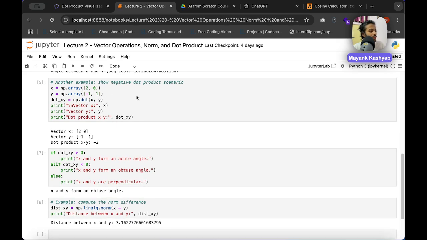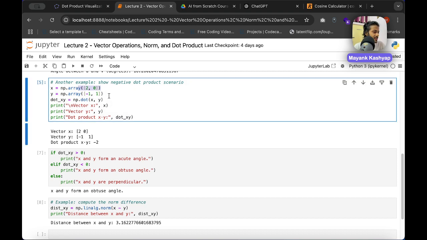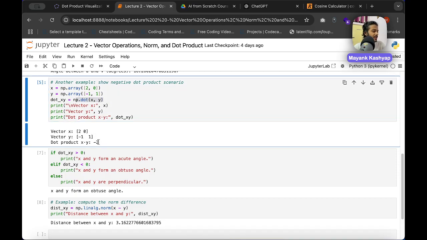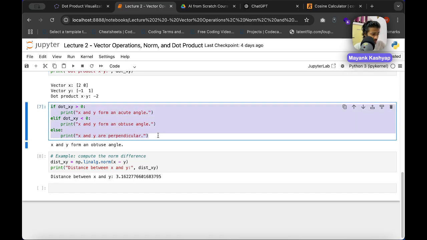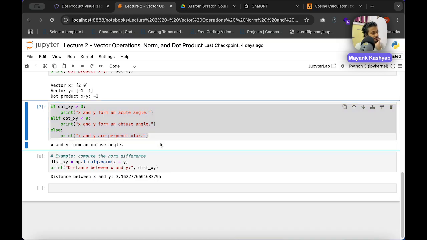Now to show the negative dot product scenario, I'm considering these two arrays, doing the dot product, and as we expect, we are getting -2 here, which is not new, right? Now we have created this if-else kind of conditional statement flow here.